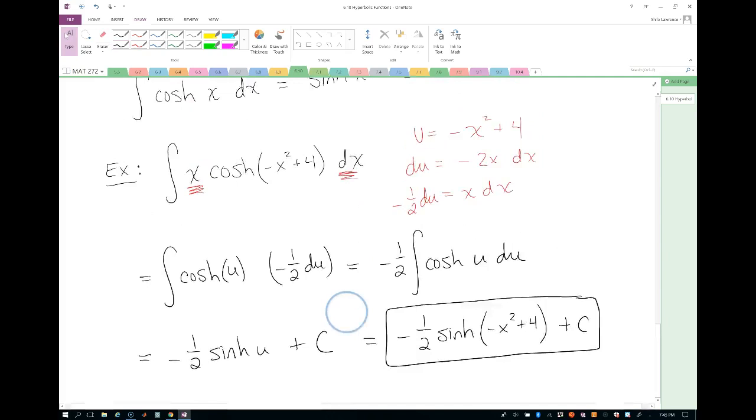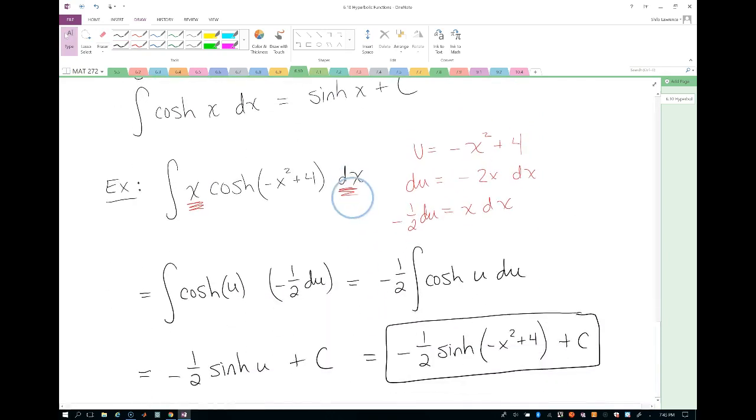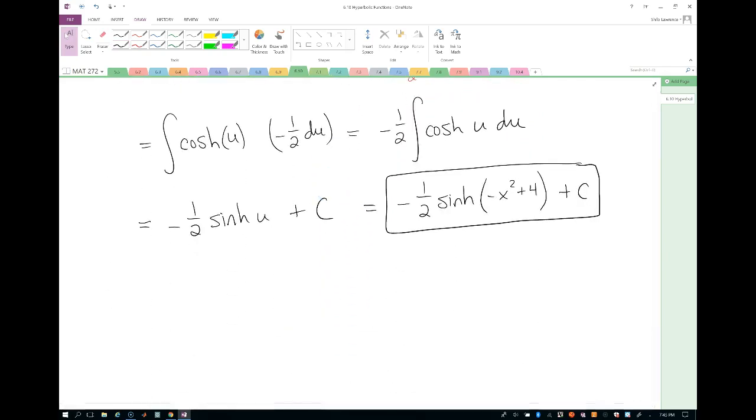And you might ask, why in the world do we need to know these? There's actually a lot of real-life shapes that can be modeled with hyperbolic sine and hyperbolic cosine. One of them is the St. Louis Arch. If anybody knows, the St. Louis Arch is this giant arch built in St. Louis, and the shape of that is modeled after the hyperbolic cosine function.